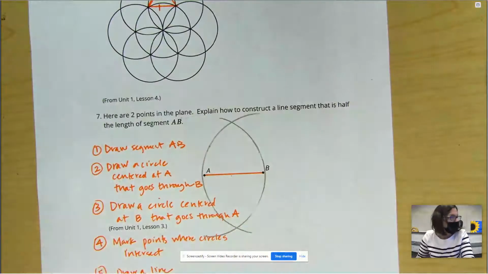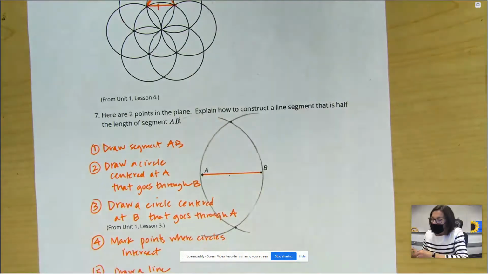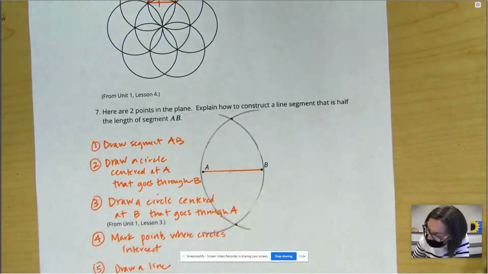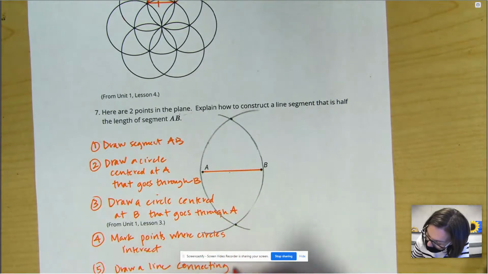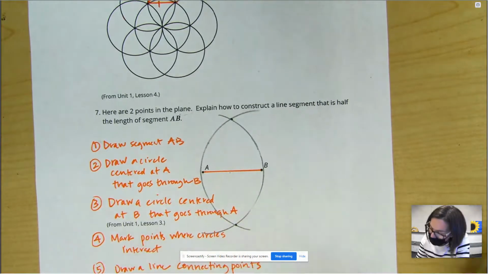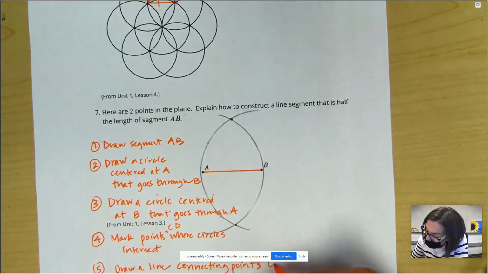Okay. Mark those intersection points, and again, if you could just imagine what that's doing. Draw a line connecting those points. Maybe we'll call them C and D, connecting points C and D.